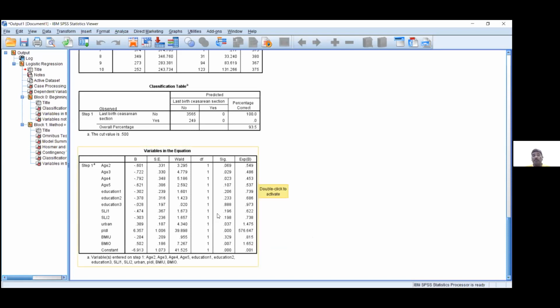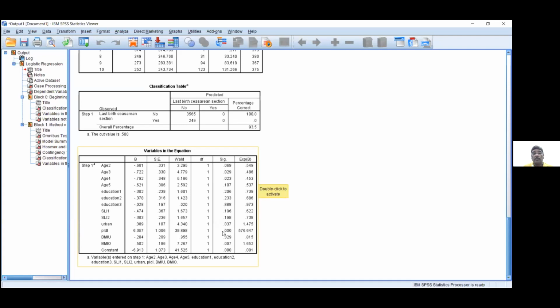And see that this column provides the p-value. So which one is significant? See that all age groups are significant, up to 10%. But the educations are not significant. There is no role of education, SLI and all this. Urban females are there.